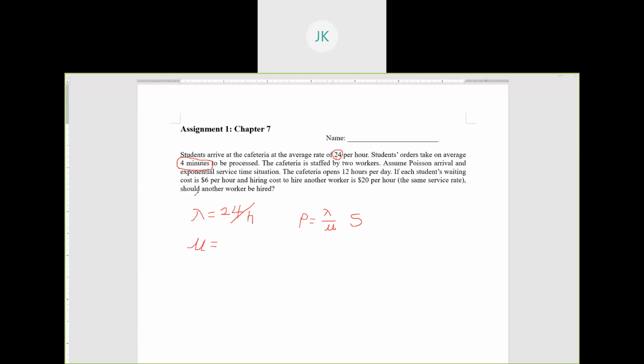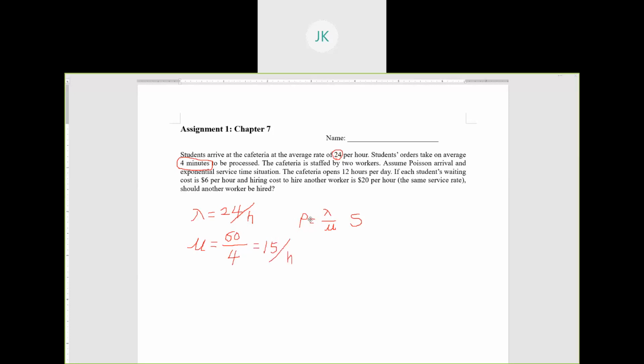So if one order takes 4 minutes, how many orders can be served in an hour? An hour is 60 minutes divided by 4, that is 15 per hour.